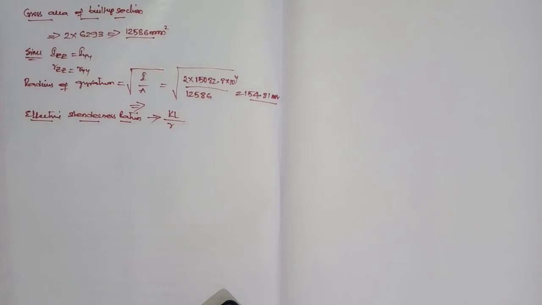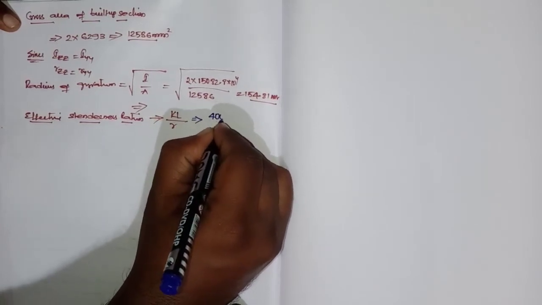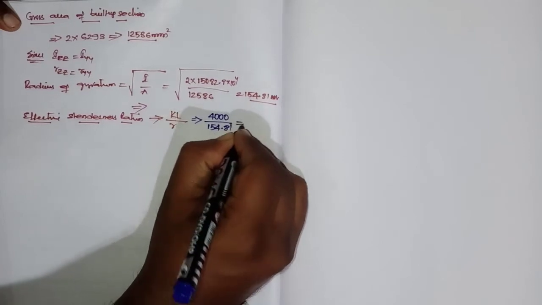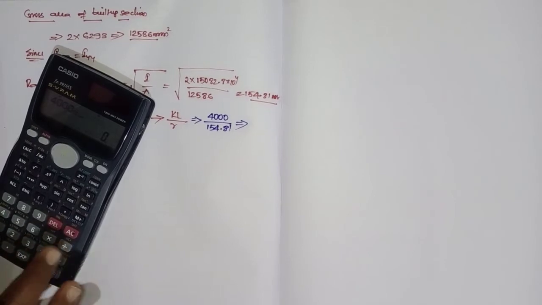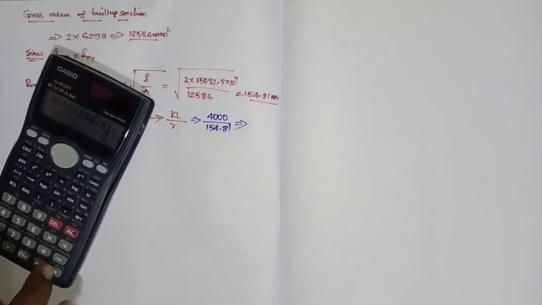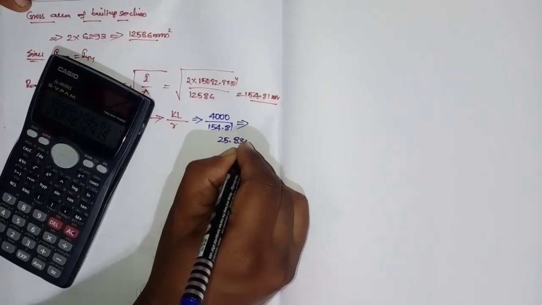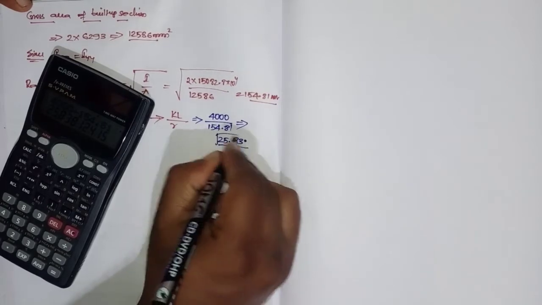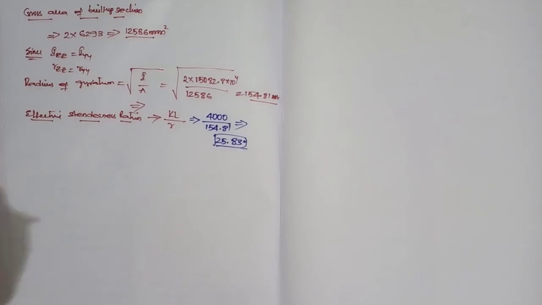What is KL? 0.8 times L, L is given as 5000, so 0.8 into 5000 means you are getting 4000, divided by 154.81. So how much? 4000 divided by 154.81, so 25.83.